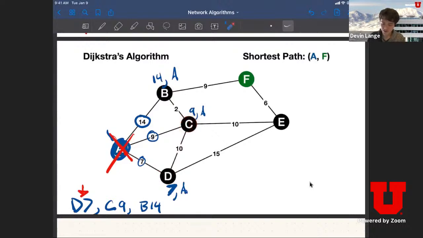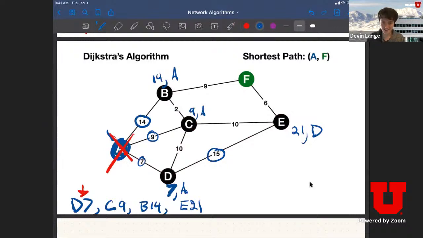The next neighbor of D is this node E. And here again, we do this same operation, distance so far 7 plus 15 is 21. And this is going to come from D. And we are going to add E to our queue. And it's E21, which happens to have the highest value.